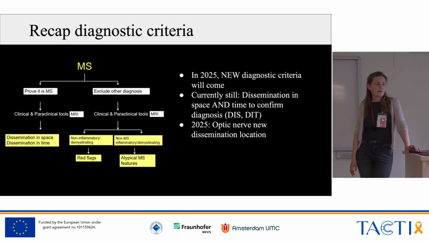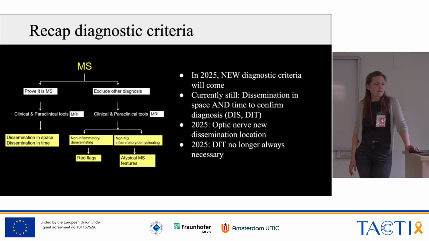This year, there will be a new typical location coming up that you can already remember, and that is the optic nerve. So until now, the optic nerve, even though a lot of patients had optic neuritis, so an inflammation of the optic nerve, was not counted. It wasn't a typical lesion, but now this will change.